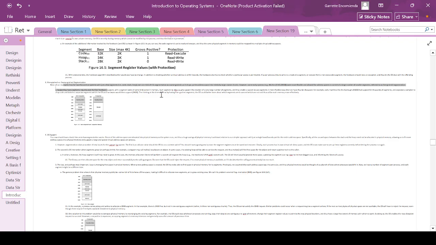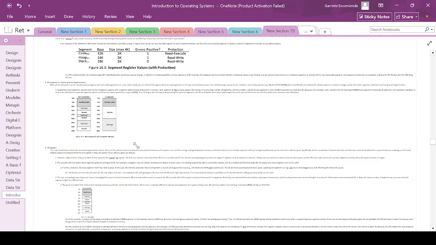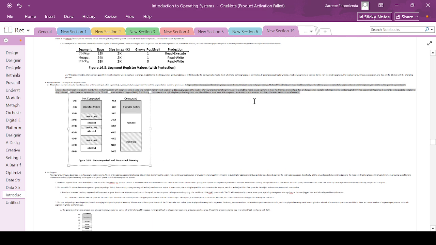We can think of this segmentation as coarse grain, as it chops up the address space into relatively large, coarse chunks. Most complex processes have other segments as well.